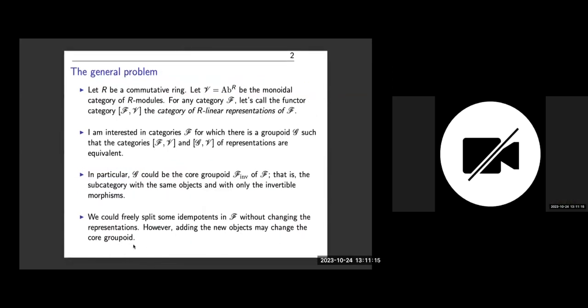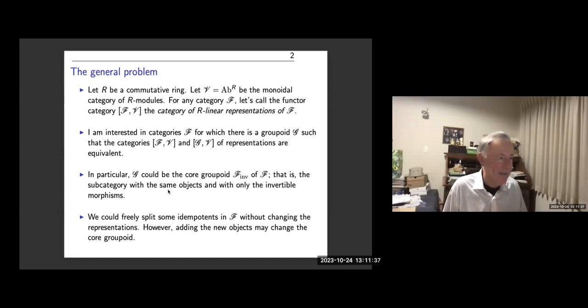My question is, categories for which there is a group G. If F were a higher dimensional structure, for example a strict cubical 3-groupoid, could we talk about this type of equivalence of the representations? I suppose so, yes. I haven't thought of higher examples, although I did think maybe just ordinary 2-category examples.